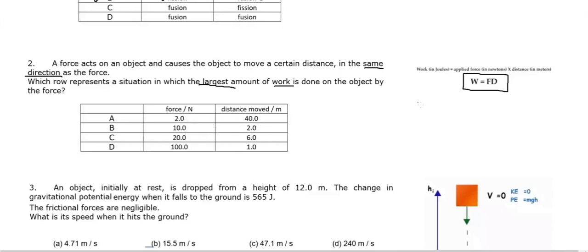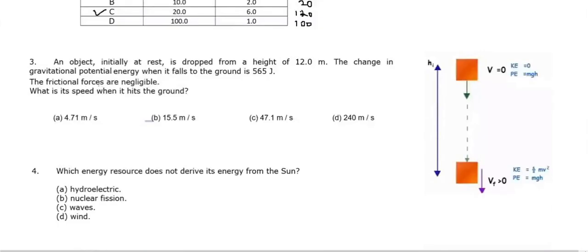So 2 into 40, the first one, gives 80, here 10 into 2 gives 20, the third one 20 into 6 gives 120, and the last one 100 into 1 gives 100. Which is the largest value? 120 is the largest value, so option C is the answer.